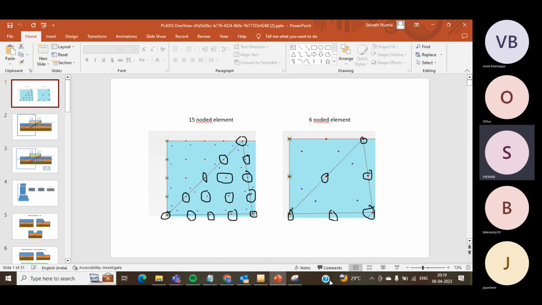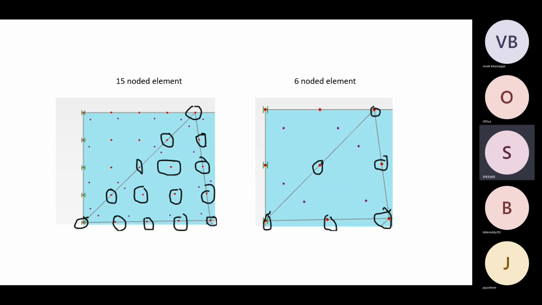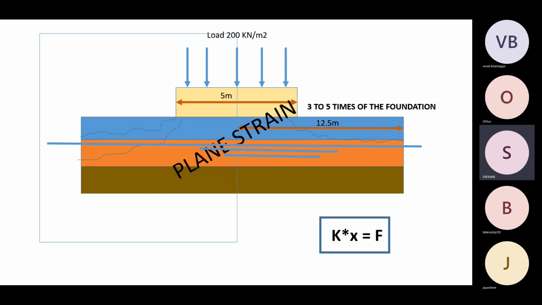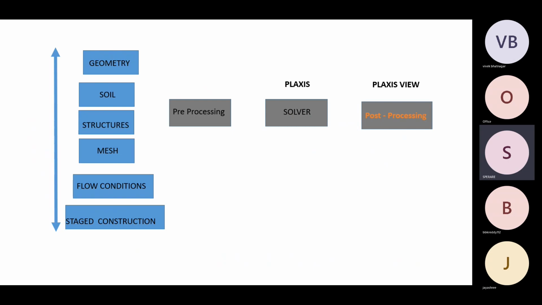What we have discussed already is what a 15-noded and a 6-noded element are, and everything that comes with them. We have already seen what an axisymmetric model and a plane strain model are, and we have gone through the geometry, soil structures, mesh, flow conditions and stage constructions.